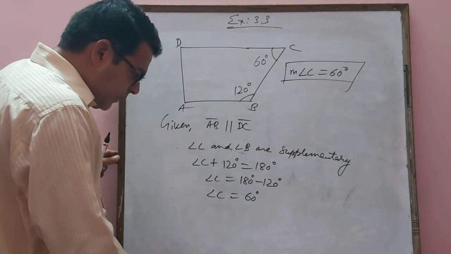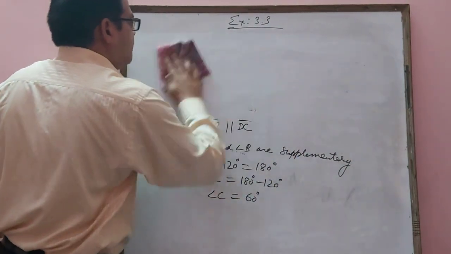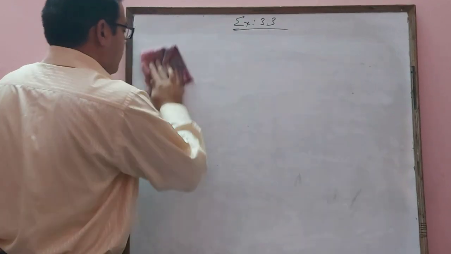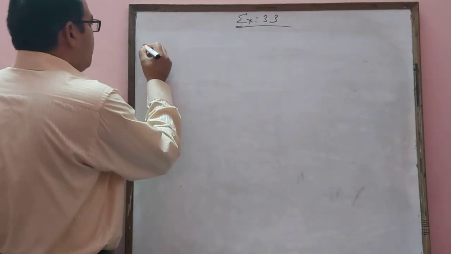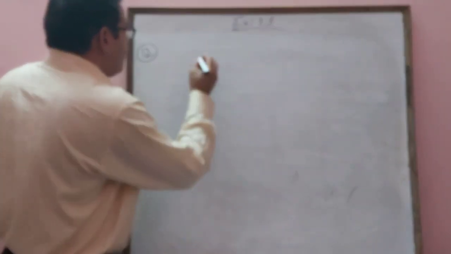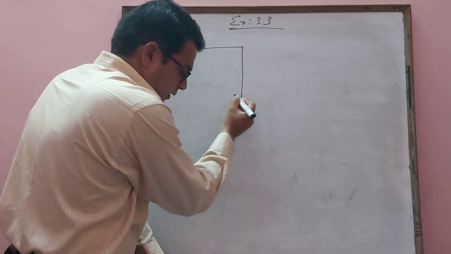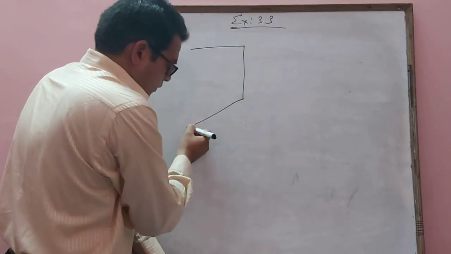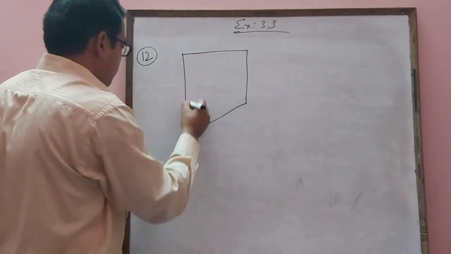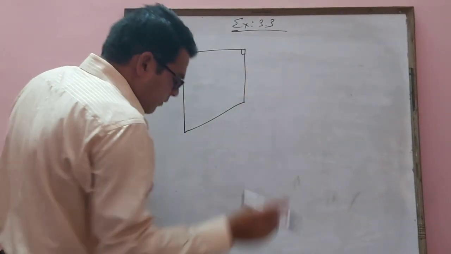One more question is there. Question number 12. This is the last question of this exercise. One diagram is also given there. Let me draw this diagram first. Here a right angle is given.